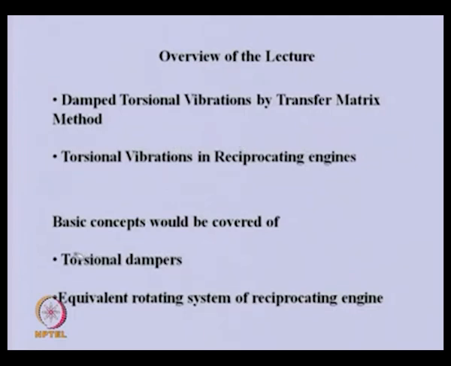In this we will be introducing torsional dampers which are proportional to the relative velocity between two components, and these torsional damping forces will depend upon the rotational speed either of the disc or the relative twist of the shaft. We will also introduce the concept of an equivalent rotating system of the reciprocating engine system.